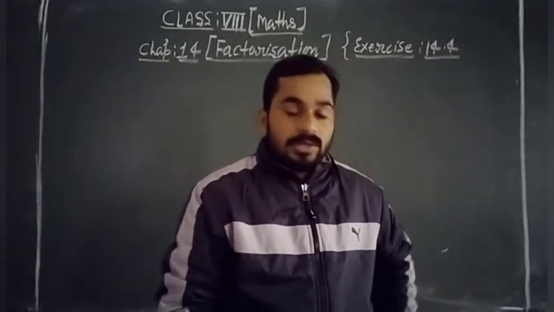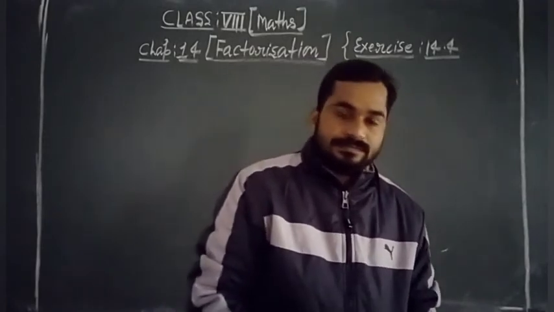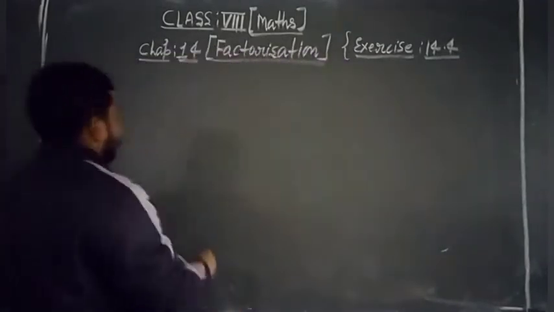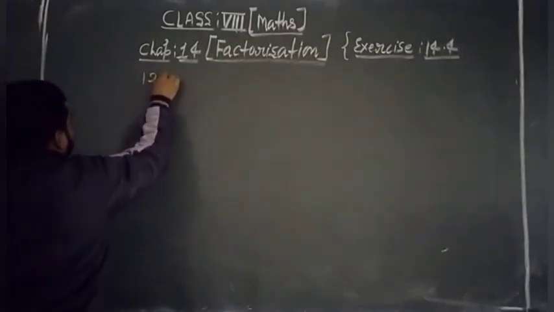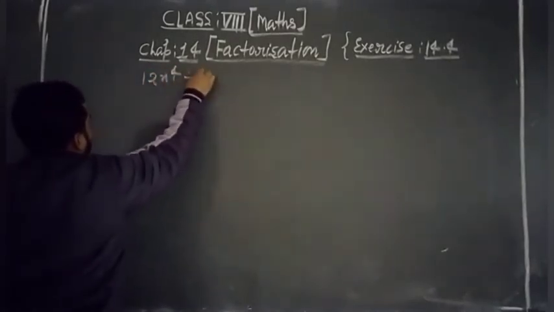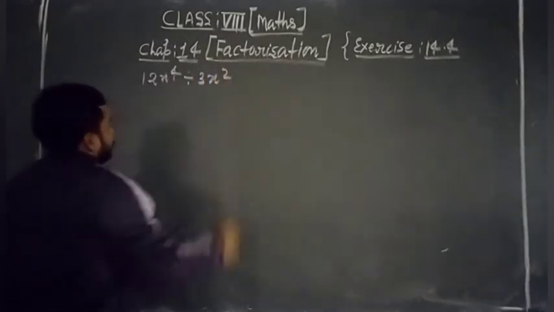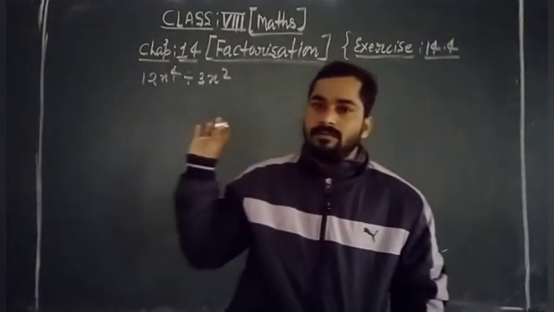If we have a monomial, then how can we divide? Let 12x to the power 4 be divided by 3x square. So monomial divided by monomial.